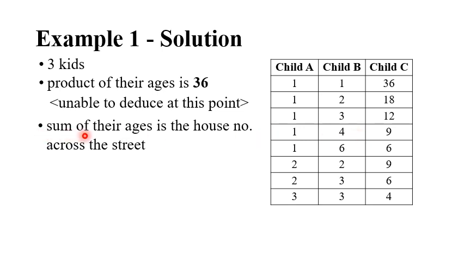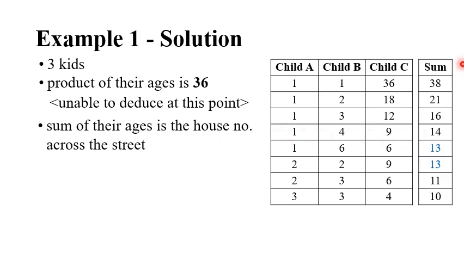So the sum is mentioned. Again, we construct a table of values for the sum. Example: 1 plus 1 plus 36 is 38, so on and so forth until the last row, 3 plus 3 plus 4 is 10.